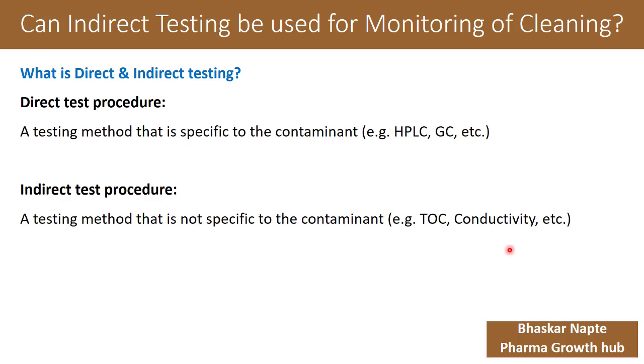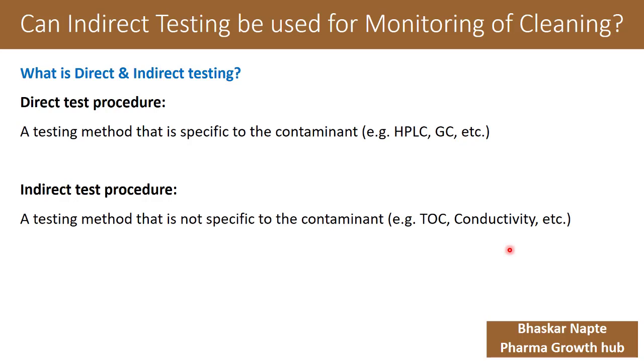Now, these techniques like conductivity or the TOC, they will give a response to some of the components. But can you guarantee that whatever responses you are getting out of measurement of conductivity or measurement of the total carbon really belong to paracetamol? It can belong to other contaminants, I mean other components present in a sample. So you will get a collective response due to the carbon, or due to the organic carbon if you talk about TOC as my testing procedure.